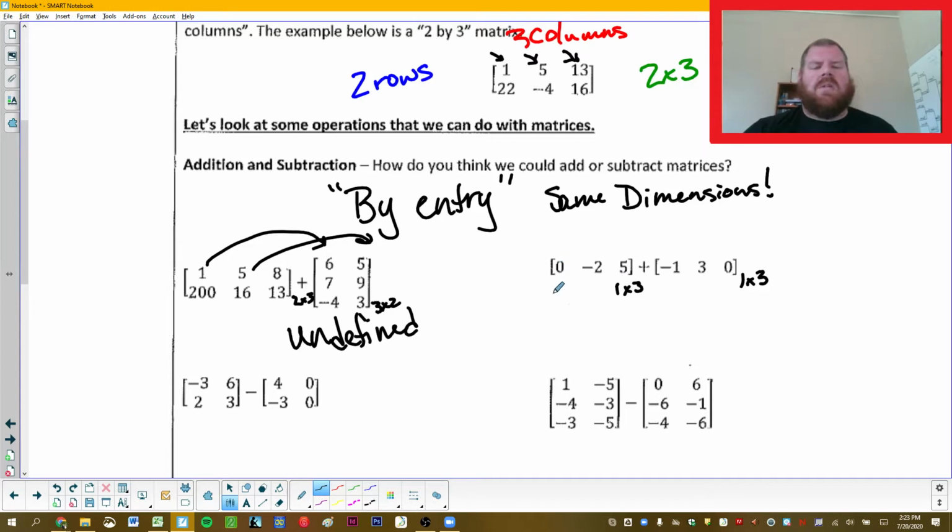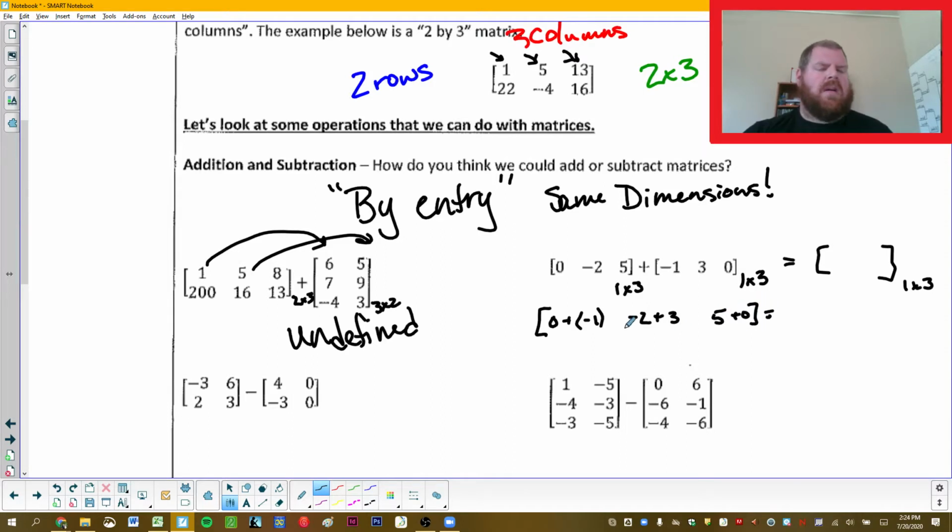Let me back up a second. Since the dimensions are 1 by 3 and 1 by 3, the sum will be a matrix that's 1 by 3. So I'm going to set that up down below. 0 plus -1, -2 plus 3, and 5 plus 0.